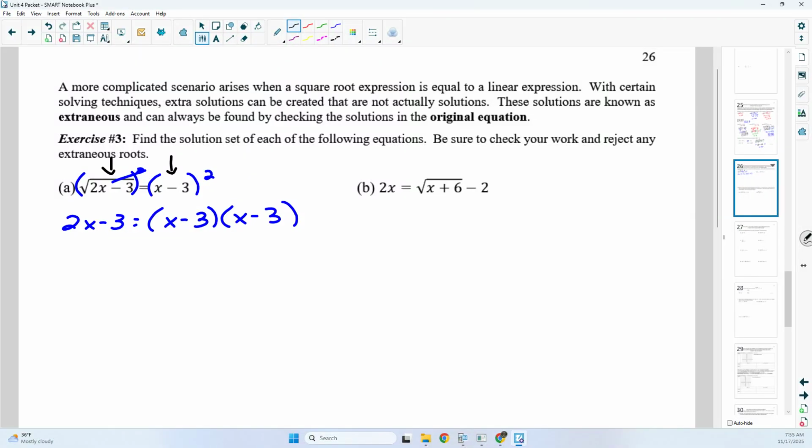I'm trying to set everything equal to 0 because I see I'm going to have a quadratic, so I do have to multiply this part out first. This is not conjugates, these are the same sign, so the middle term is not going to cancel here, which would be nice, but it does not happen. So I see that I have a quadratic because I have an x squared, so I'm going to move everything over to one side.